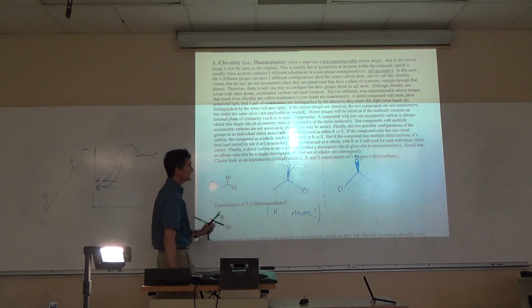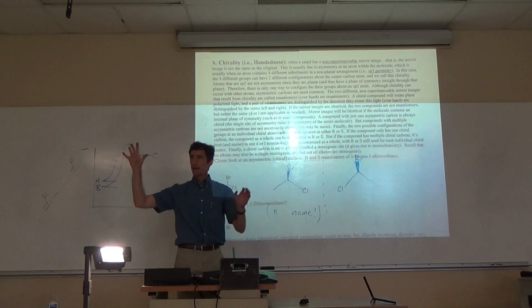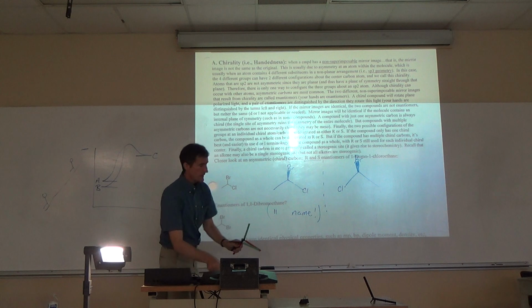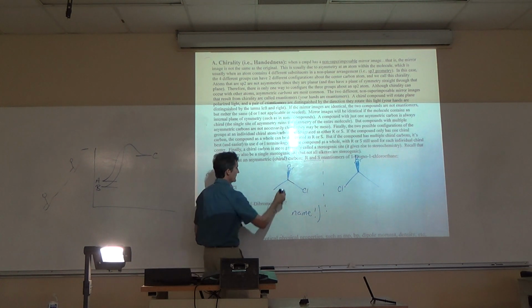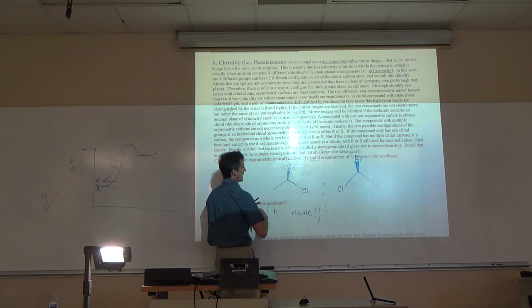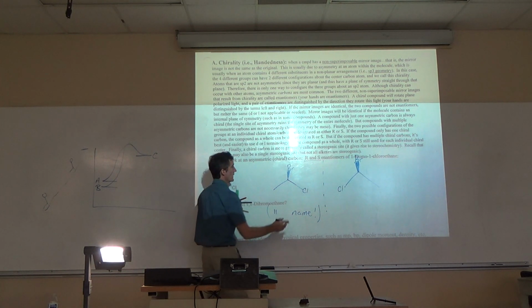What type of terminology? We use R and S. With our hands, we use right and left. Here we're going to use R and S. We do this a lot like the E and Z nomenclature. We label priorities. Okay?